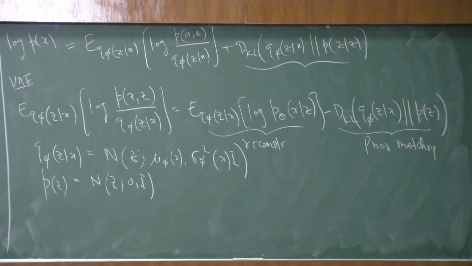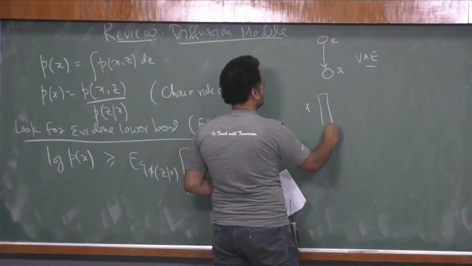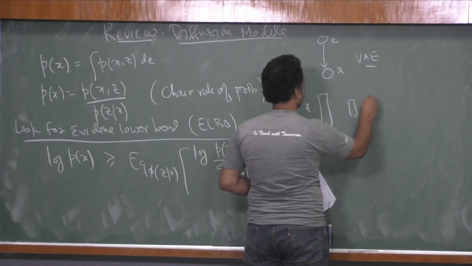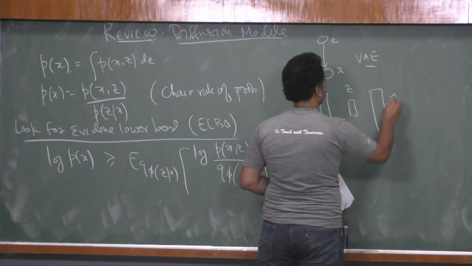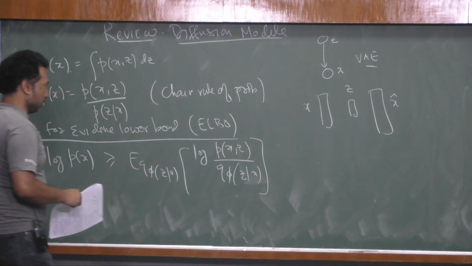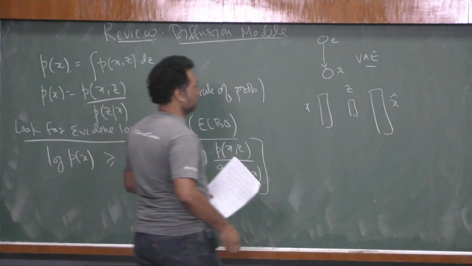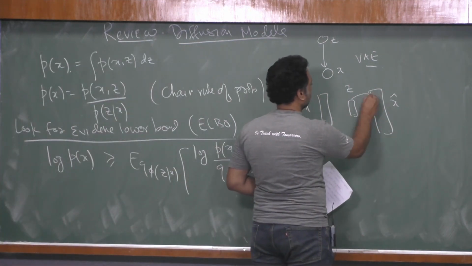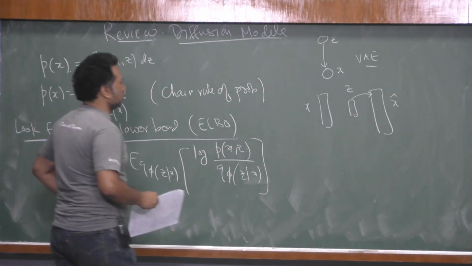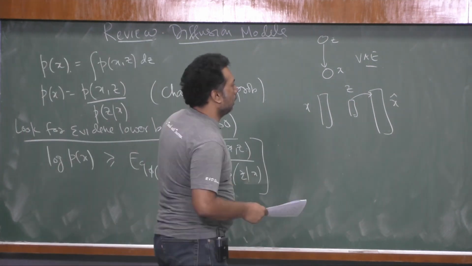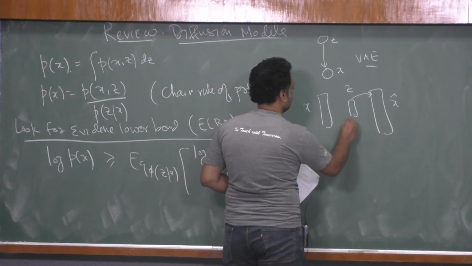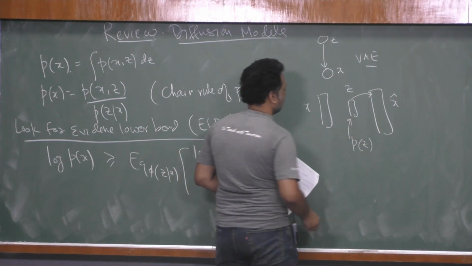So we had the x, and we went to the latent variable z, and then we reconstructed the x hat. The reconstruction term is when z is given, you're supposed to retrieve the x, and p(z) is the probability distribution for the latent variable.